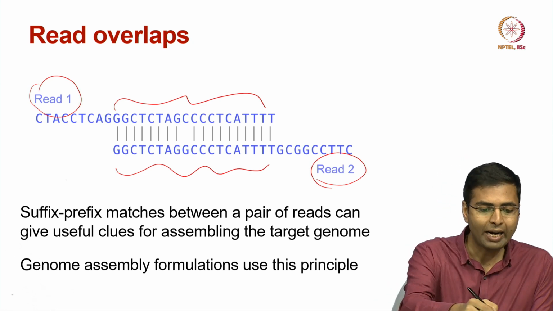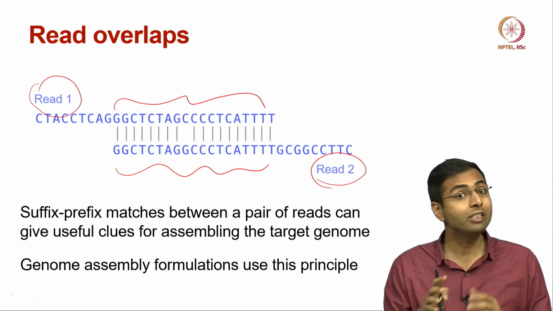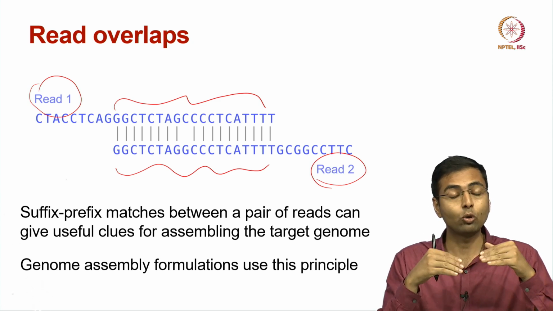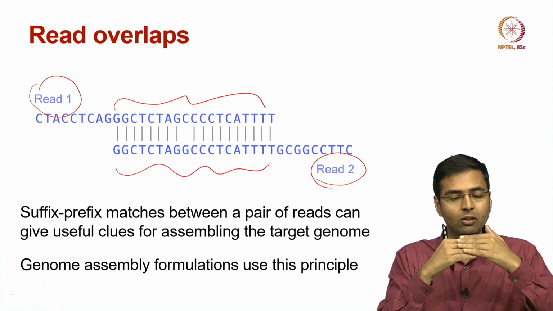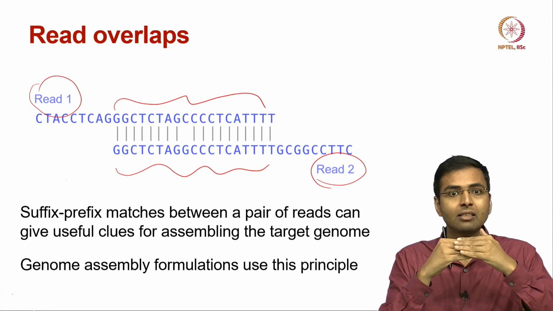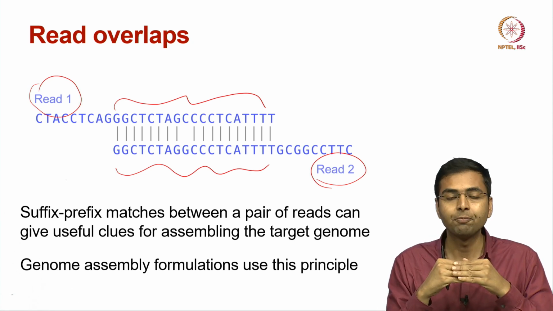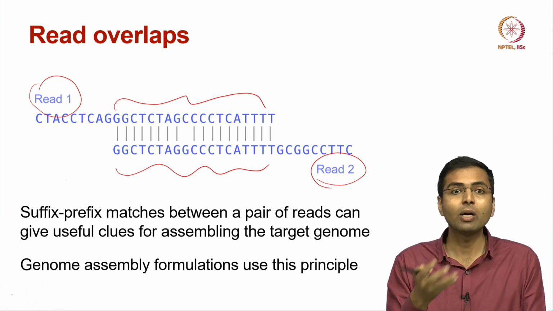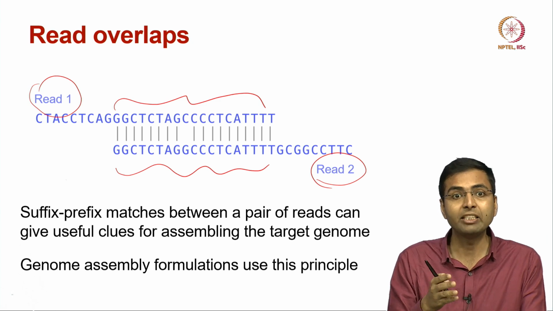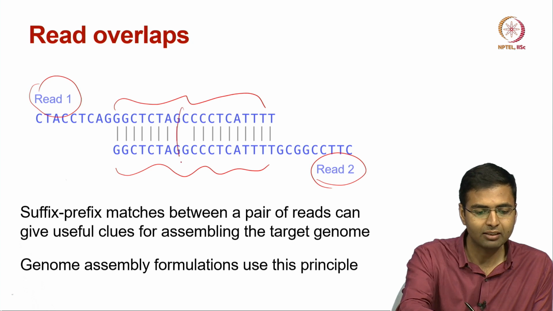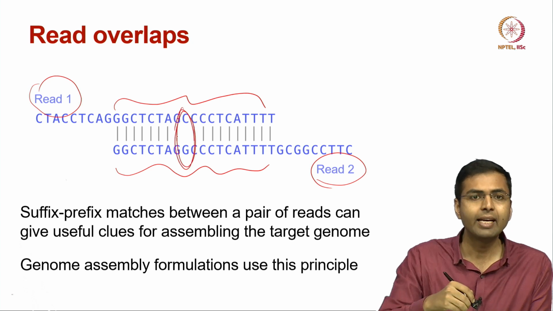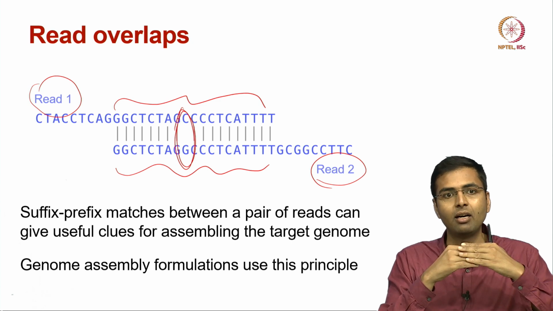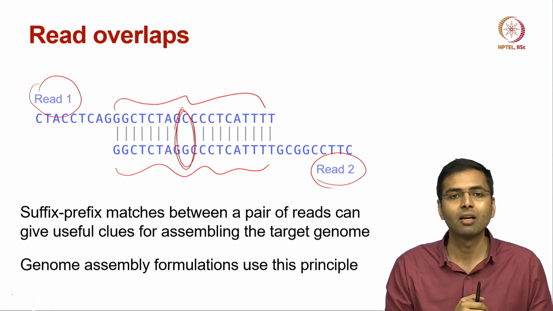Now these overlaps can be exact. So if there are no sequencing errors, then we can assume that the true overlaps among the reads should correspond to exact suffix prefix matches between the reads. But when there are sequencing errors, we may need to consider approximate matches as well. For example, if there is a sequencing error here, then maybe we need to allow some edits during matching as well.